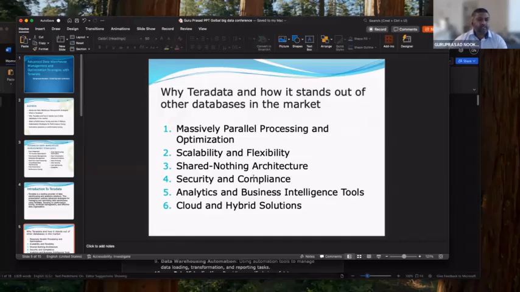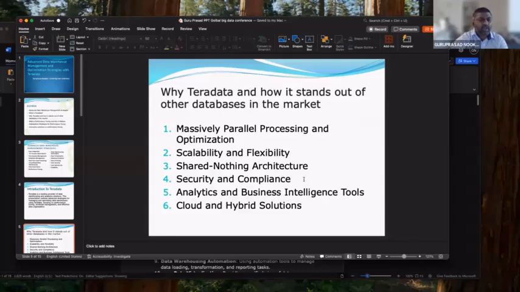There are tons of key features, but here I have picked only 6 major ones which play an important role in Teradata: massively parallel processing and optimization, scalability and flexibility, shared nothing architecture, security and compliance, analytics and business intelligence tools, and cloud and hybrid solutions.